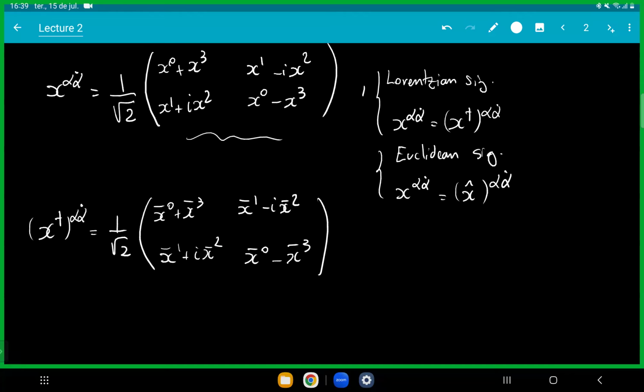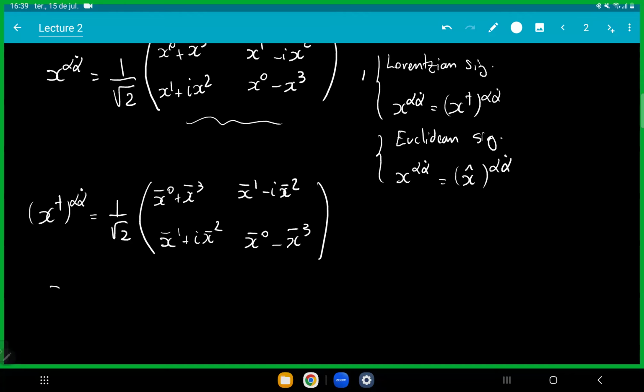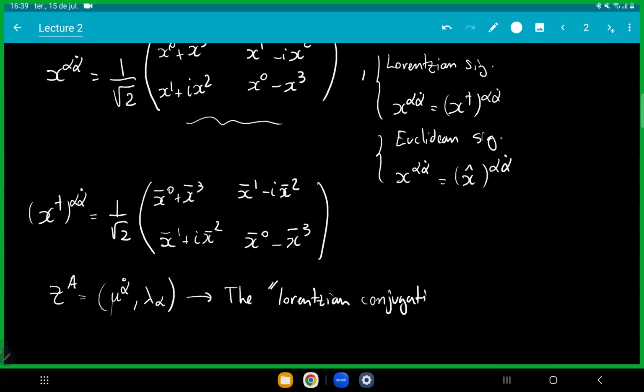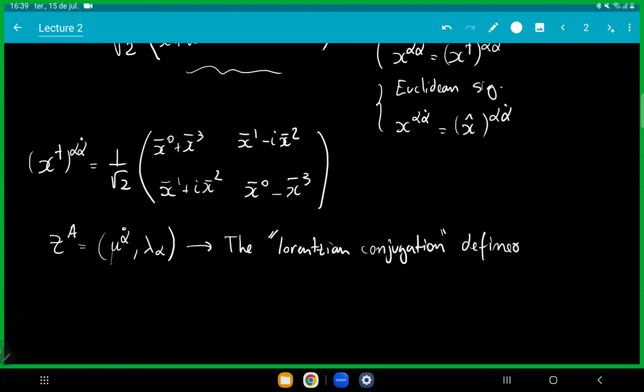Now, the way that I was coordinatizing twistor space was in terms of the Z^A, which are mu alpha dot and lambda alpha. This conjugation, let me call it the Lorentzian conjugation, defines a conjugate for these coordinates: z bar A equals lambda bar alpha dot, mu bar alpha.